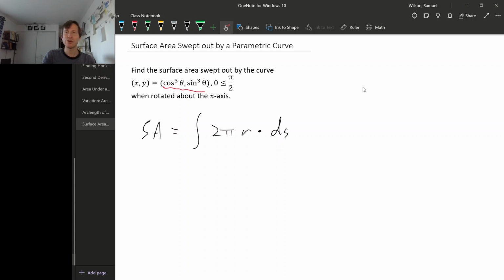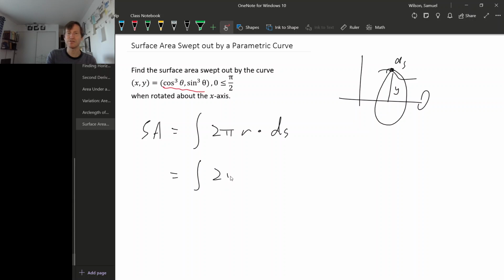So since we have some curve, here's our bit of arc length, and we're rotating about the x-axis like this. That means the radius here is y. So for this example, this is the integral of 2 pi y ds.